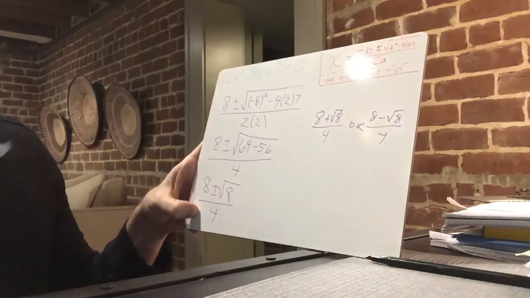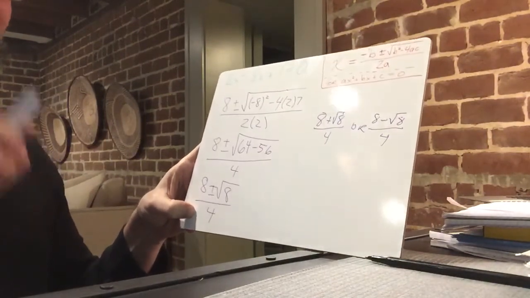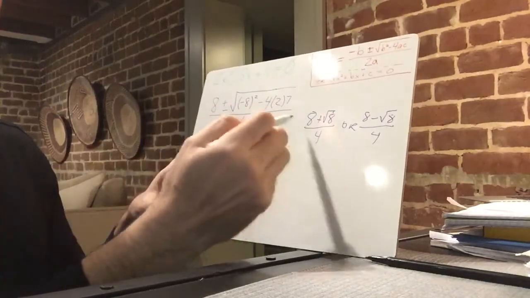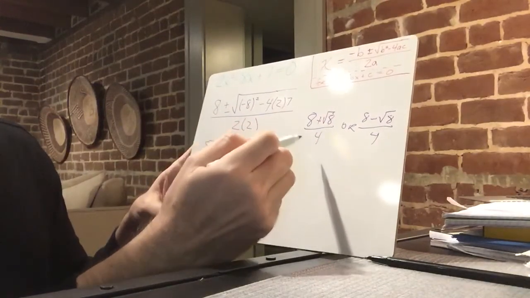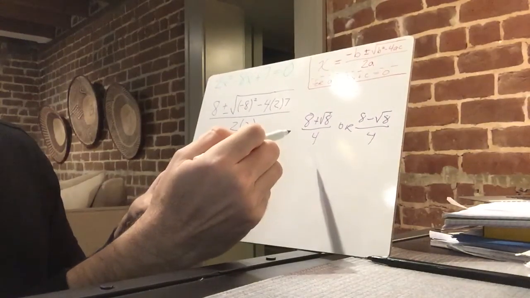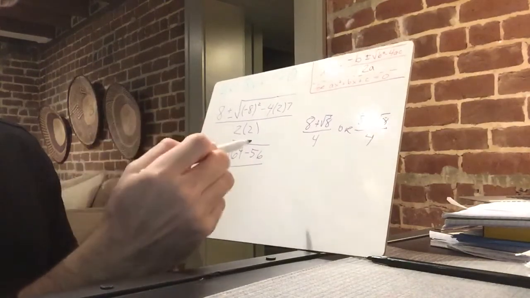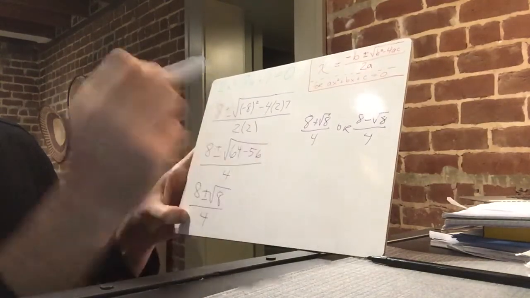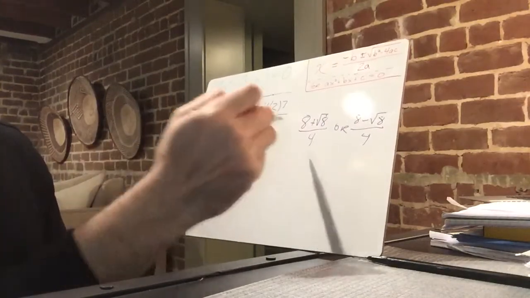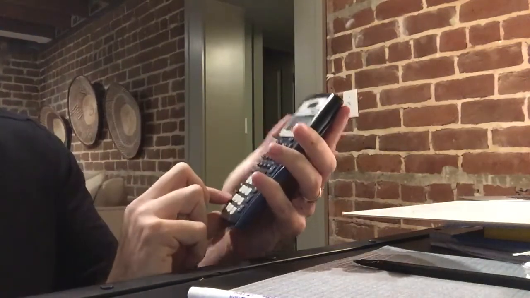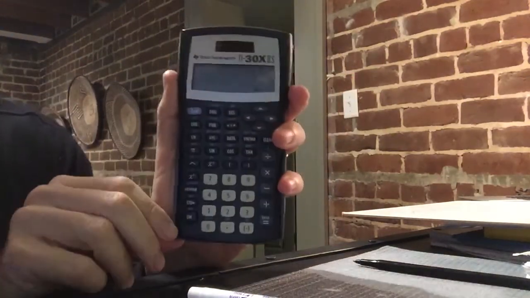So, two things. I'm going to show you how you can type everything in the way it is and have your answer come out correctly. But then I also want to show you how to do it step by step even from here. Let's go from this to calculator.